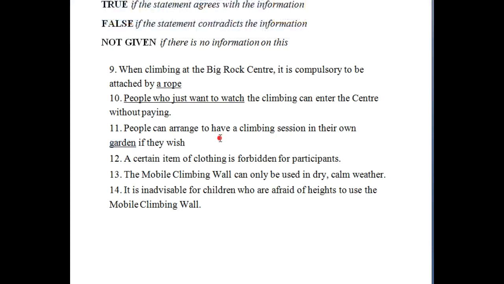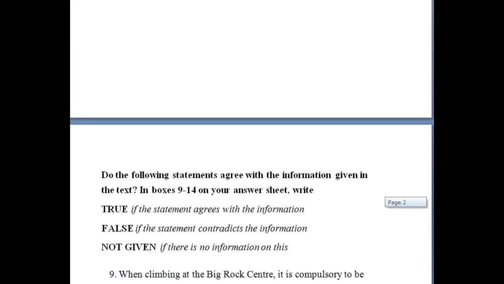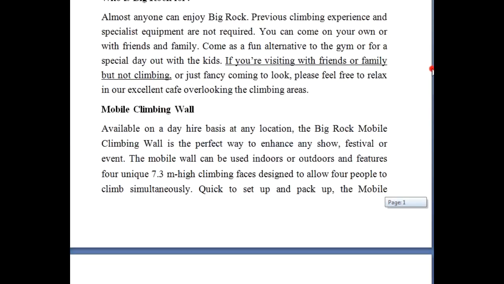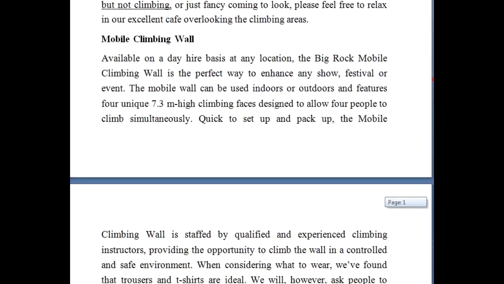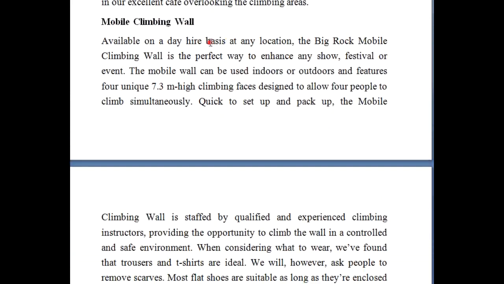Okay, so people can arrange to have a climbing session in their own garden if they wish. If we start reading further, it says available on a day hire basis at any location, the Big Rock mobile climbing wall is the perfect way to enhance any show, festival or event. The mobile wall can be used indoors or outdoors.